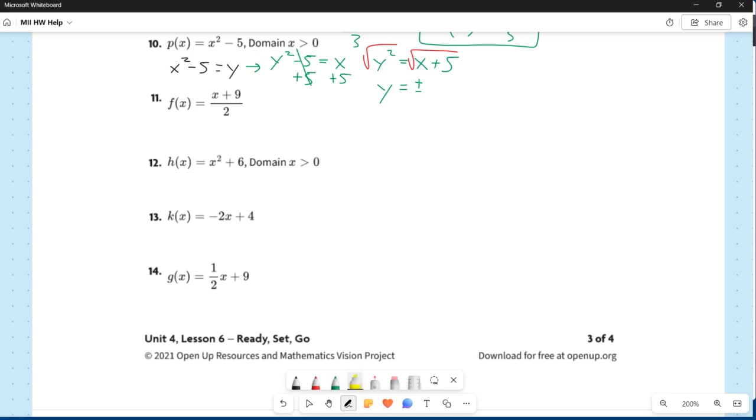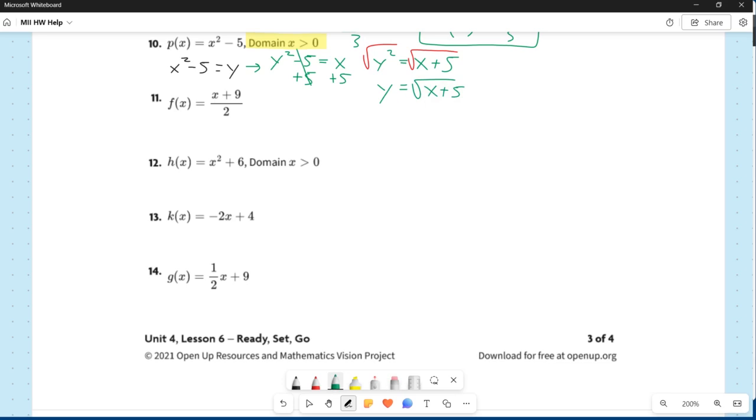However, our original question restricted the domain and said that x is strictly positive in my original function. And as I think we saw in class, doing that allows us to ignore the plus or minus and leave this as just, we'll do it in green, the square root of x plus 5.